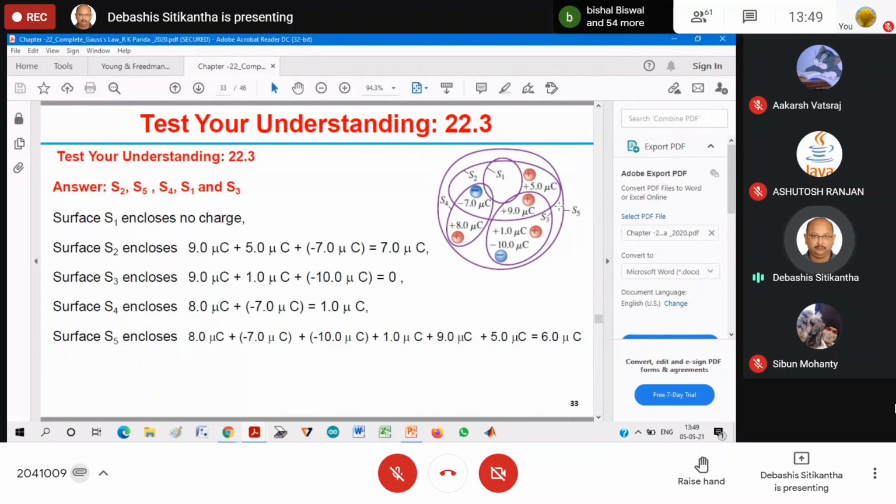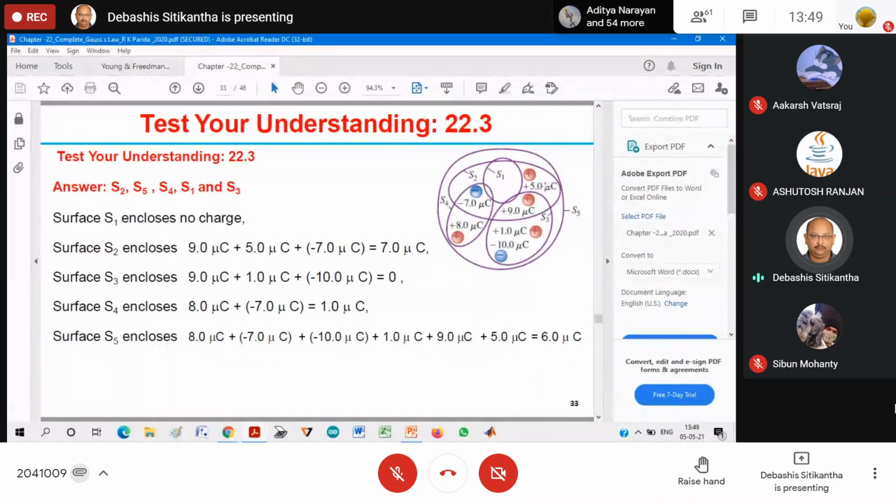It is the biggest surface. So how much is the total charge? -7 plus 9 plus 5. 9 plus 5 is 14, minus 7, it is coming as 7.